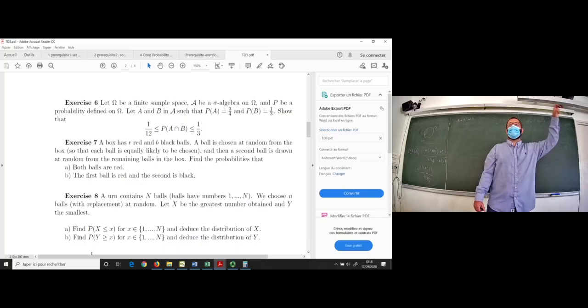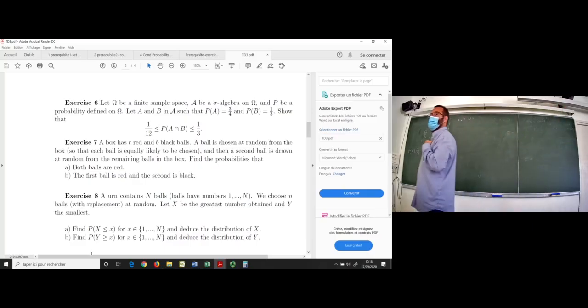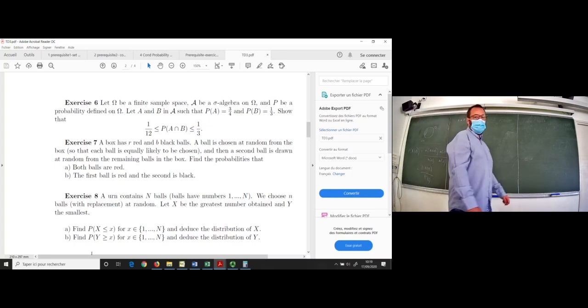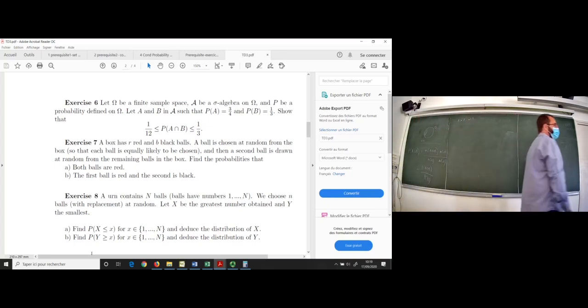It means that you do this without replacement: once a ball has been chosen, you keep it. I want you to find the probability of these two events: the probability that both of them are red, and the probability that the first is red and the second is black.